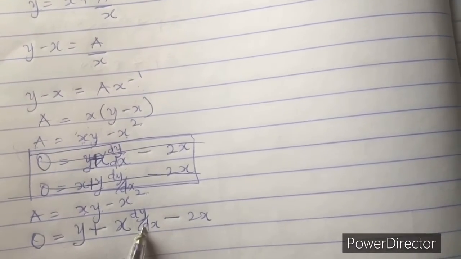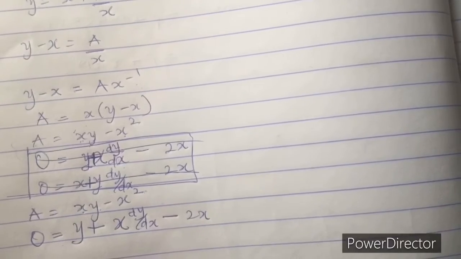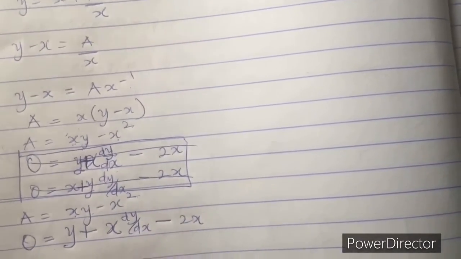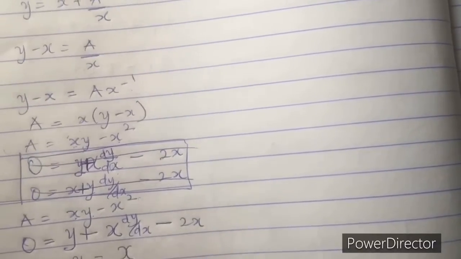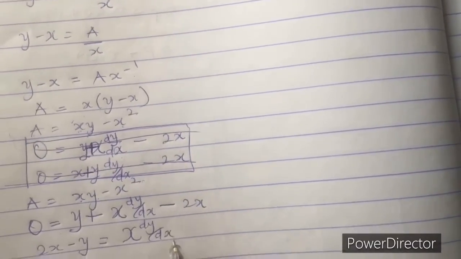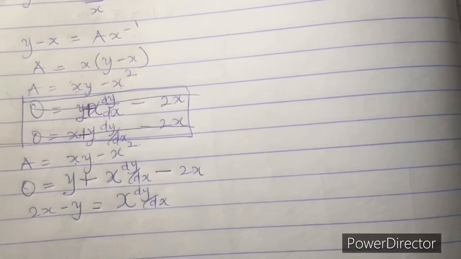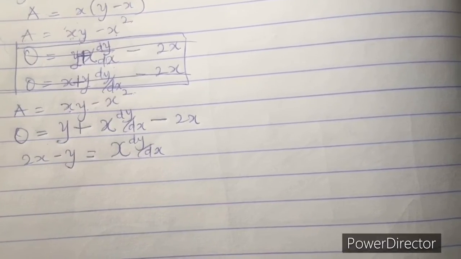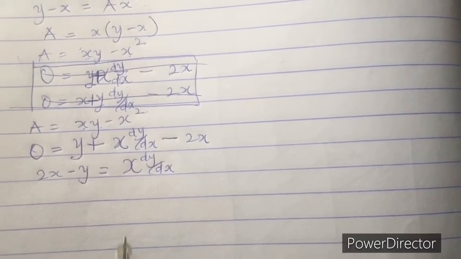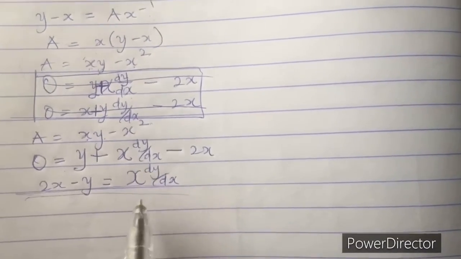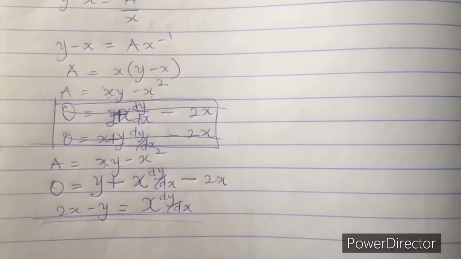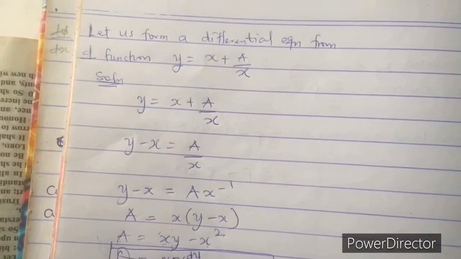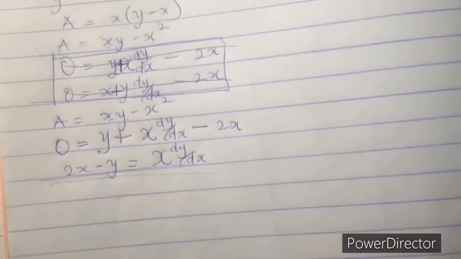You let this come to this side, and that will be 2x minus y equals x dy/dx. That will be all for this. The differential equation of the function y equals x plus a over x is this.